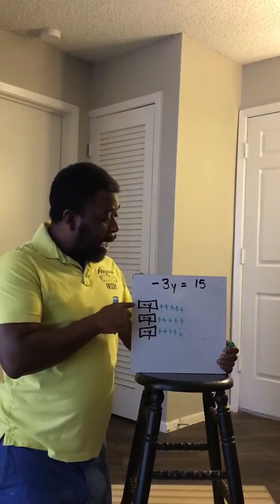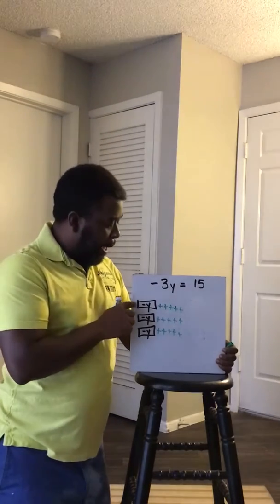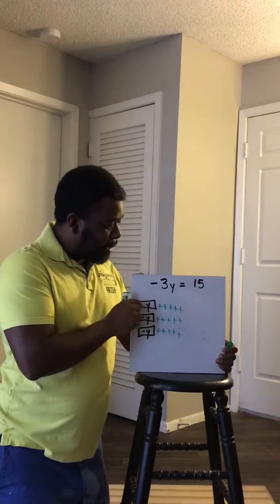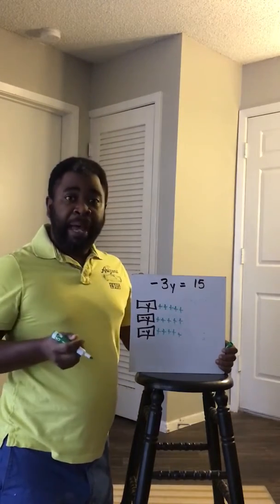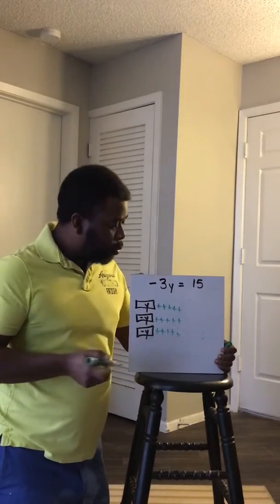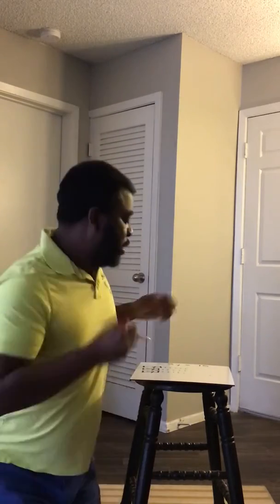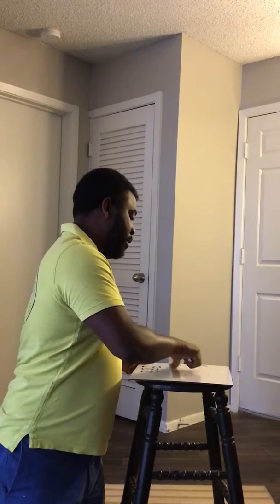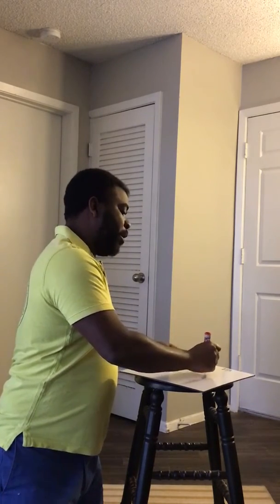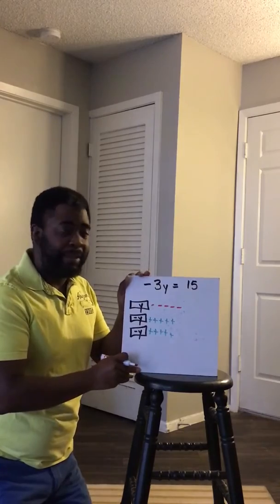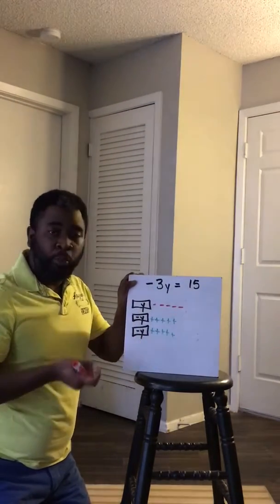So if I do the opposite of negative y, which would be positive y, then I have to do the opposite of positive 5, which would become 1, 2, 3, 4, 5 negatives. And I would do that for each one.